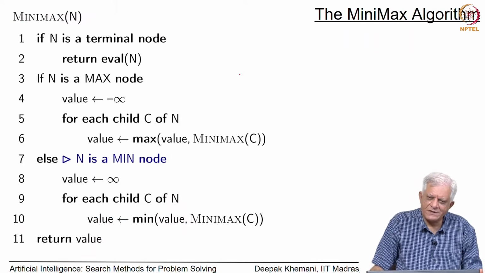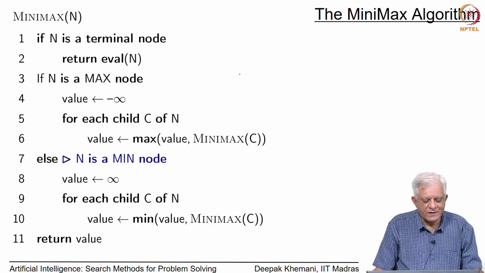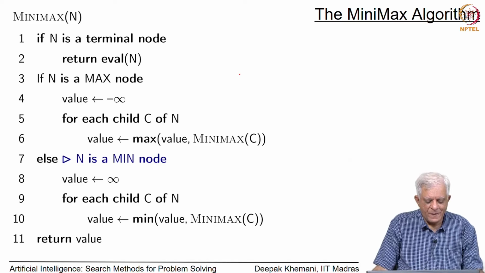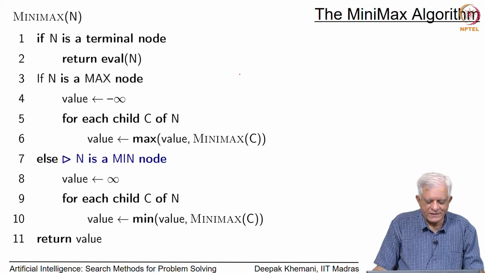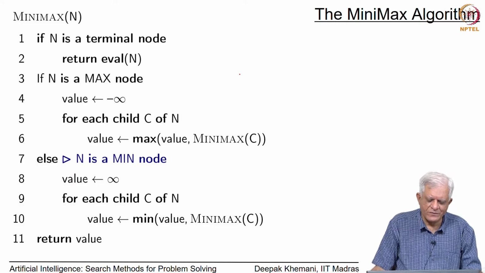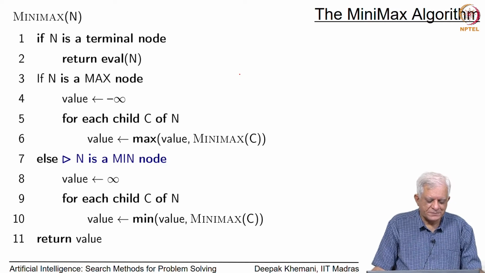The minimax algorithm is the simplest algorithm that we can use for computing the minimax value, and here we have given a recursive version of the algorithm, and we can also write iterative versions. We know for example, that we can maintain an open list and keep adding to that.